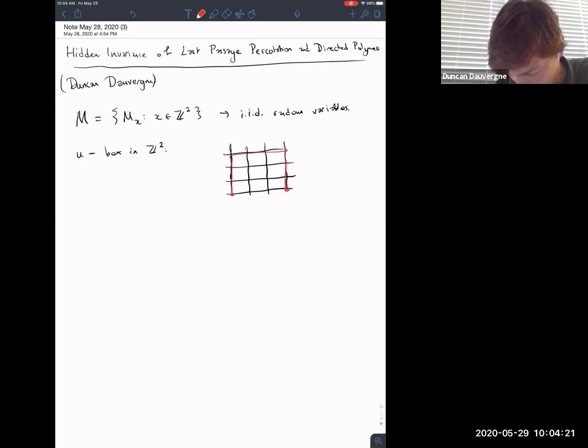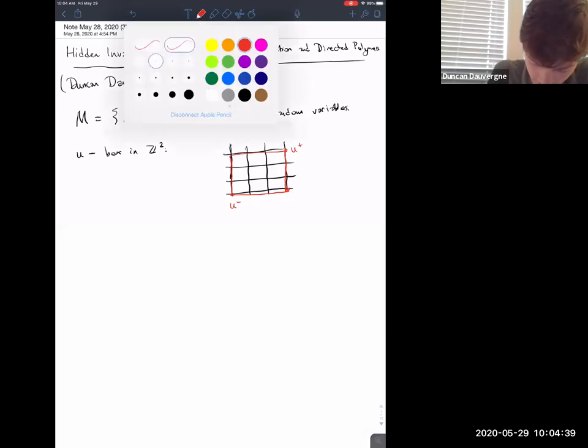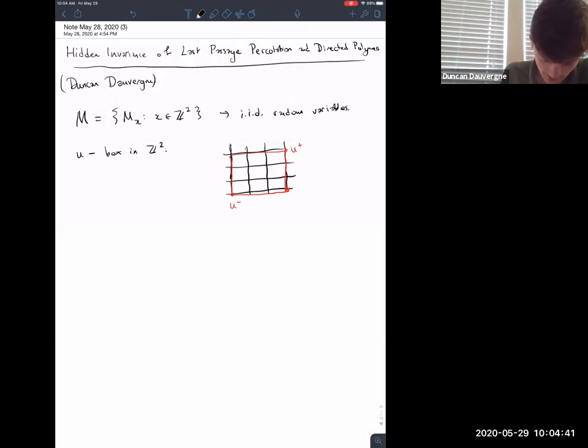So something like this. I can specify the box by its opposite diagonal corners. So I can look at the southwest and northeast corners. I'm going to call these U minus and U plus. Okay. And then I'll start by defining the last passage value in this environment M across the box U.